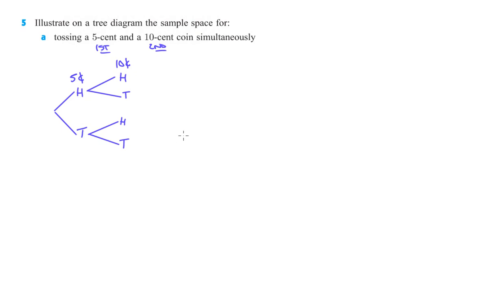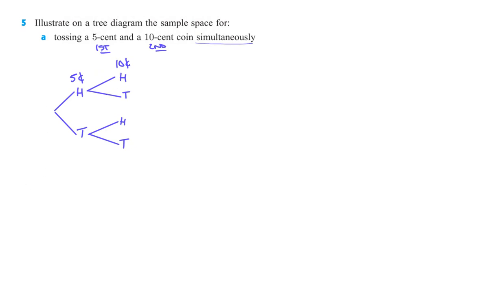Okay, so this is our tree diagram. Simultaneously means at the same time, but the easiest way to do these is to think of it as: I'm going to do this first and then I'm going to do that second. For most people, it makes a lot more sense.